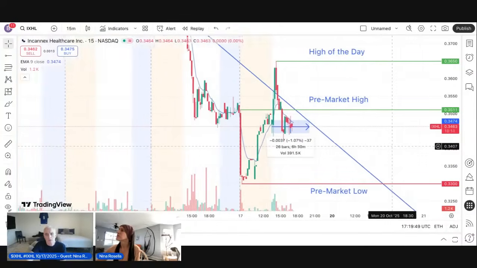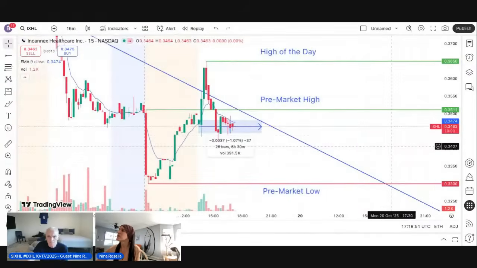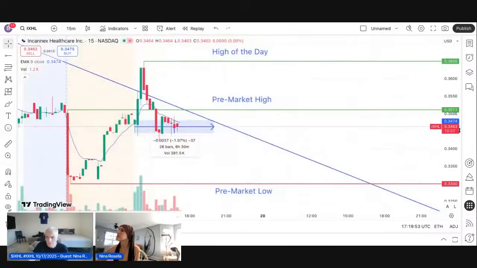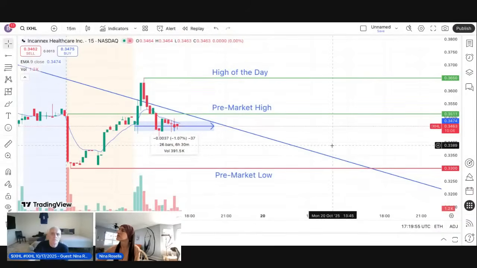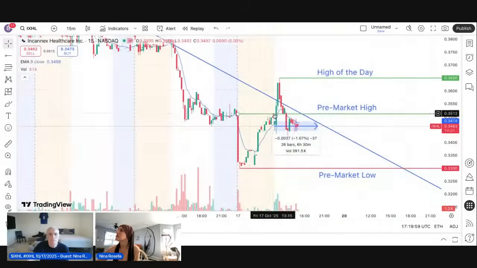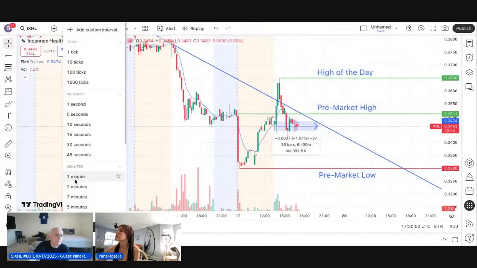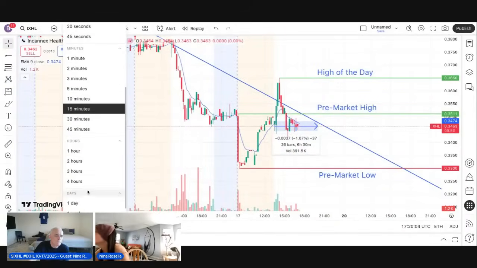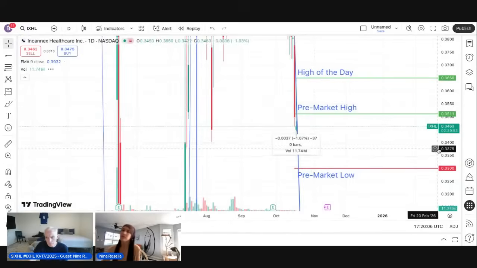No. The other thing is that you have a line that is very consistent at a base at 0.3, at 30 cents as well. Right now we're struggling to confirm below 0.3655.